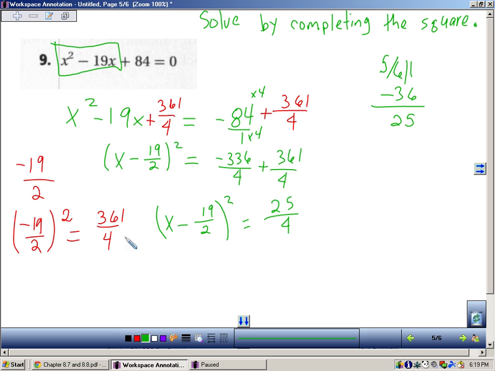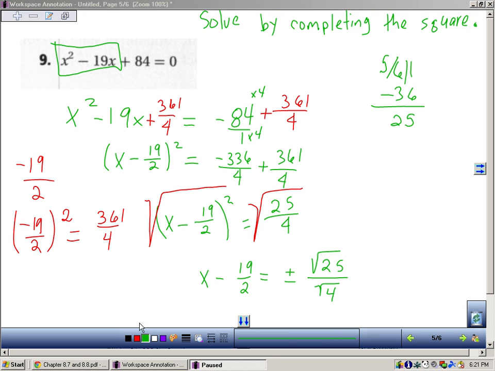So now let's take the square root of either side. And now remember, when you take the square root, you've got a positive and negative solution. So that becomes plus or minus. Let's use the quotient property. And now let's add 19 over 2.